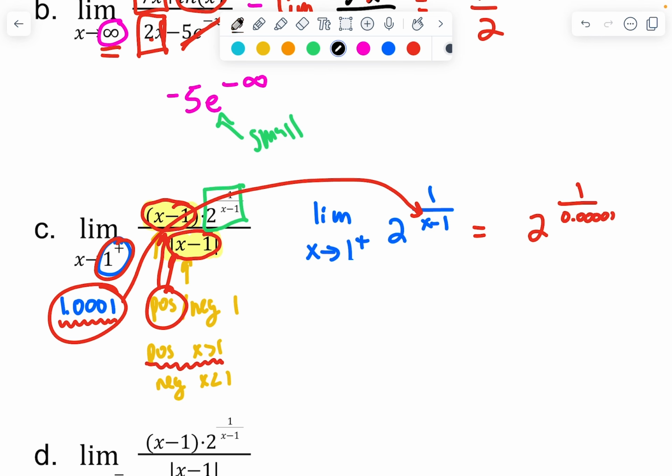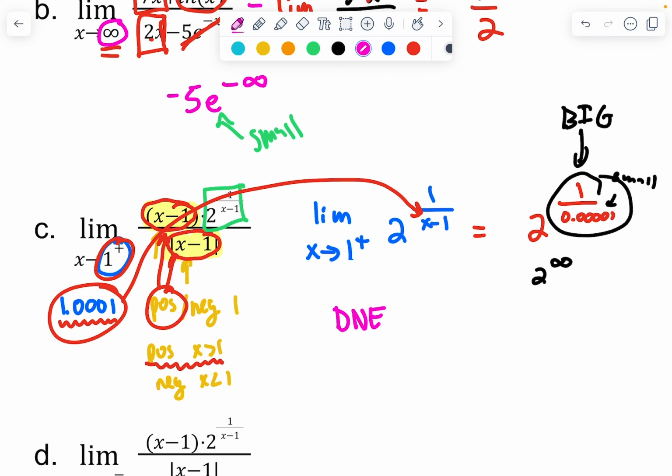And 1 divided by really small is going to result in this whole thing getting really, really big. So we're raising 2 to a massive power, essentially 2 to an infinitely large power, and so this limit is going to grow without bound. So our answer here is going to be does not exist, and we are heading off to positive infinity.